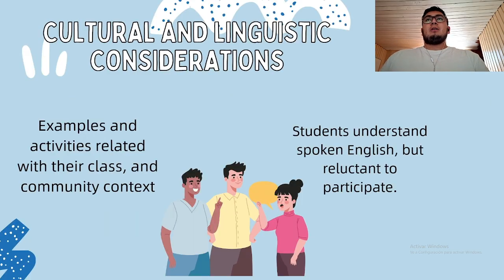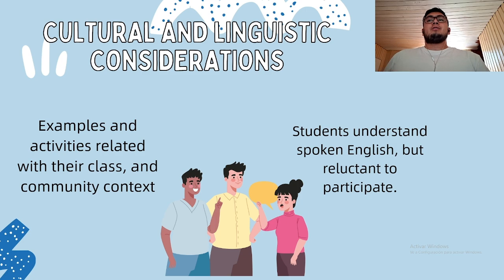Now, some cultural and linguistic considerations: the examples that I use for them, especially during this unit, were related to their class and their community context. So, for example, if they have recycled before, or they try to use different types of energy, I use that.